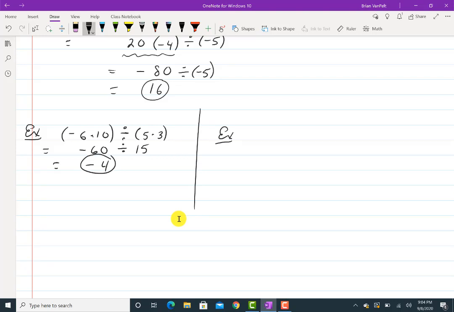Let's try 150 divided by the absolute value of negative 15 times negative 1. Well, the absolute value is kind of like parentheses, so you would do it first. Now, the parentheses around the negative 1 don't count as parentheses as it is, because there's nothing to do inside of them.